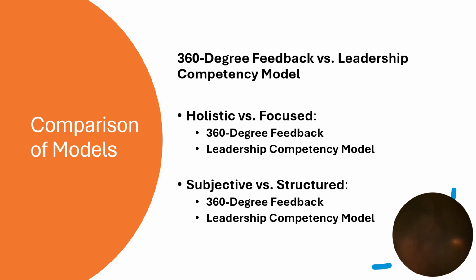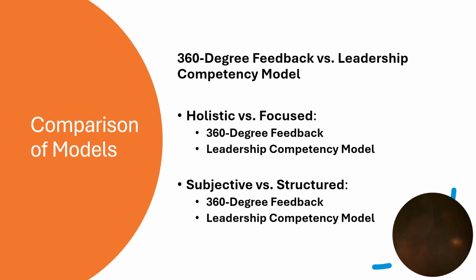The 360-degree feedback model is more holistic and inclusive as it gathers feedback from multiple sources, including peers, subordinates, and supervisors. It does provide a broad view of leaders' performance across various areas, offering insight into leadership behaviors and interpersonal dynamics.